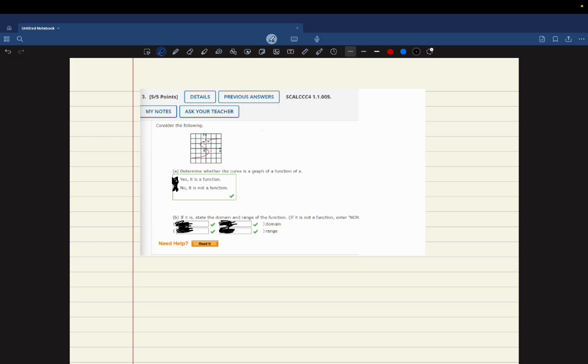What that means is, if I draw a vertical line across the graph, it should not intersect in more than one point. In this case you can see it is intersecting in more than one point, here and also here. So this fails the vertical line test, hence this curve is not a graph of a function.